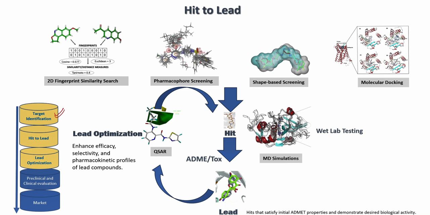When you have identified the targets like we have done before, or nowadays you can identify novel targets also using genomic studies, the next thing is to identify the hit molecule.